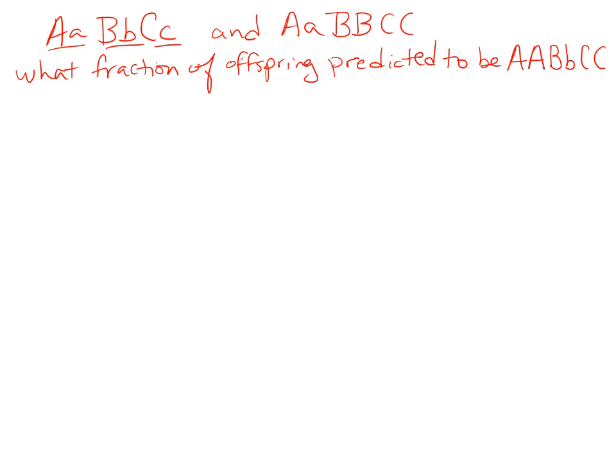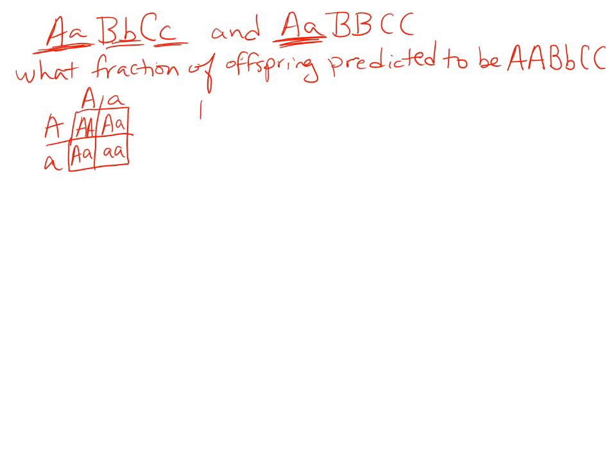And the way you would do this is look at the 3 traits separately as if they're monohybrid crosses. So you can make 3 different Punnett squares, okay? So the first Punnett square would be the parent that's capital A, lowercase a, crossed with the first trait of your second parent, who's also capital A, lowercase a. Okay, it's a regular monohybrid cross, so you've seen this kind of ratio before.